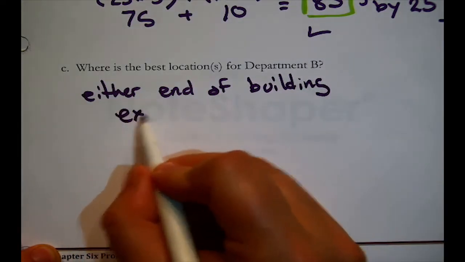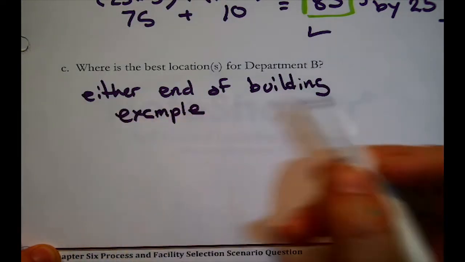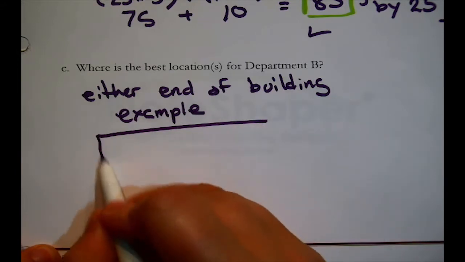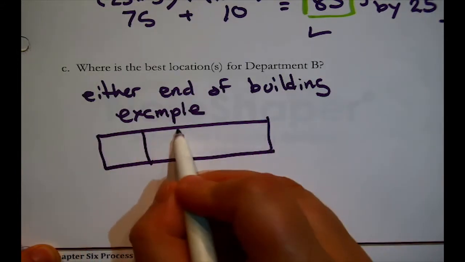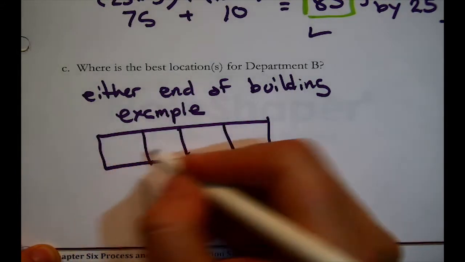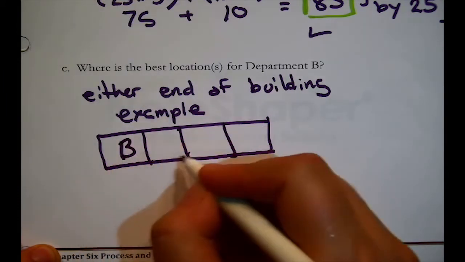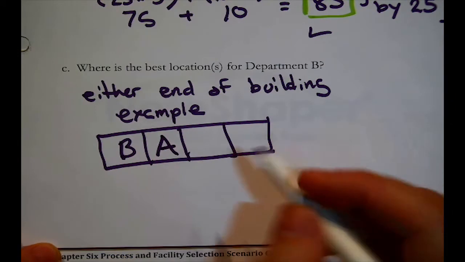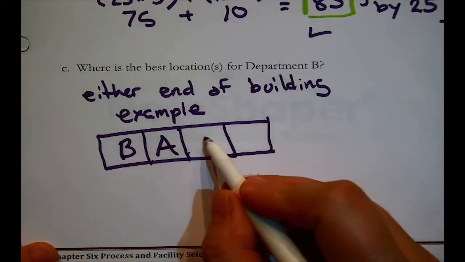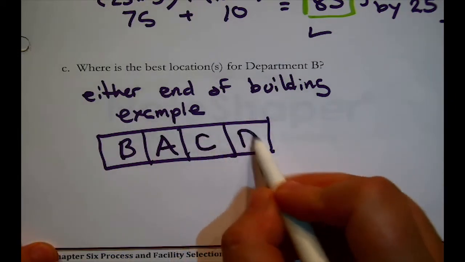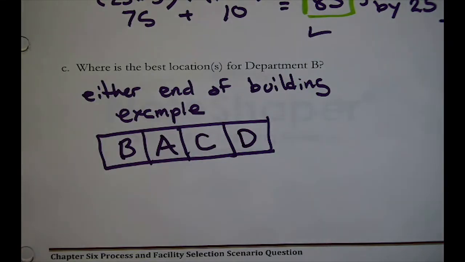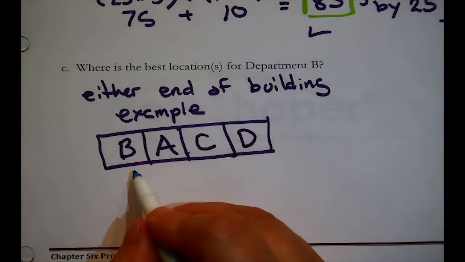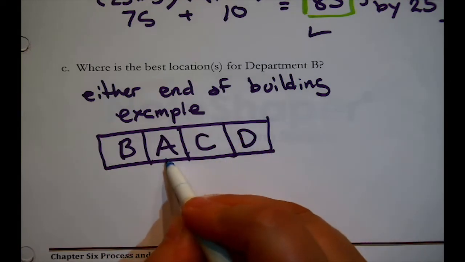It didn't ask for that, but for the sake of argument, let's look at it. If you put B here, and then A, and then C, and then D here, in the interest of creating the best possible layout.